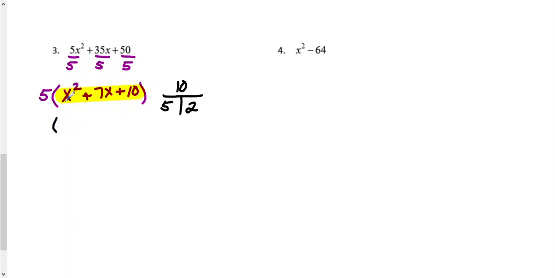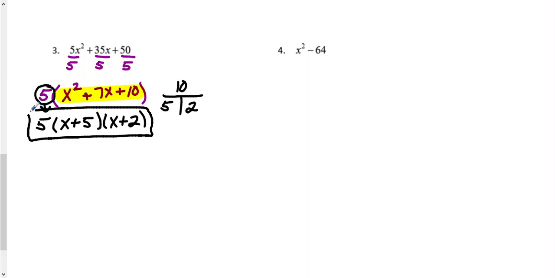So then, because I had a GCF, I took out that number in front of the x squared. These two numbers over here that I found go immediately to my factors. So x plus 5 and x plus 2. But then we have to bring down our GCF from the beginning. That's my answer.